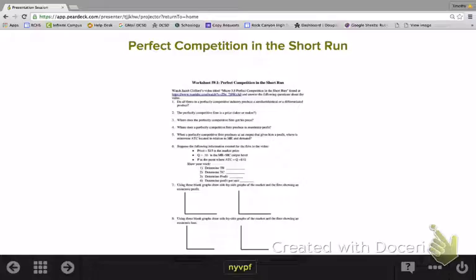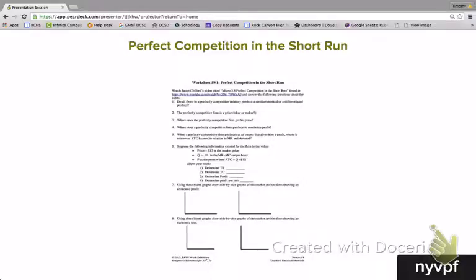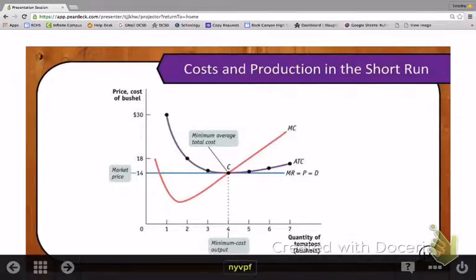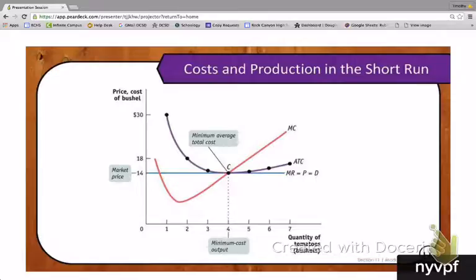Here is an activity that we will work on in class to practice perfect competition in the short run. Here is another chart that shows you from Jennifer and Jason's farm. This just shows the marginal revenue and average revenue, price and demand curve intersecting the marginal cost curve.